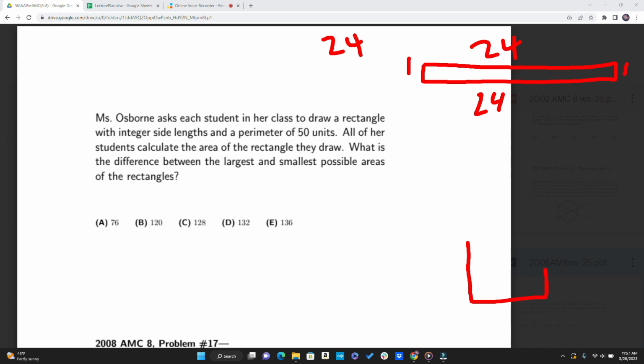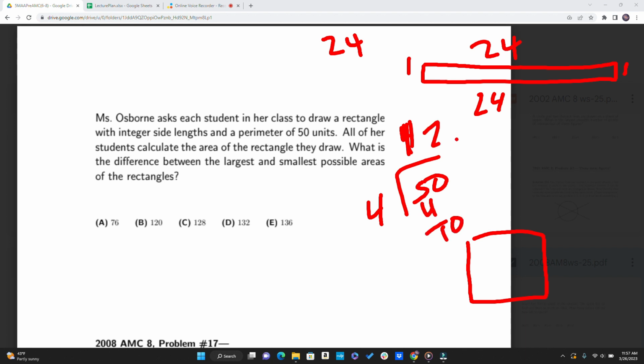Okay, what if we had a more balanced rectangle? What if all of the sides were equal? Well, not equal because we can't do equal, but as close to equal as possible. Right? So we have 50 divided by 4. It's not going to go in evenly, but that's okay. So that's 12 and a half.